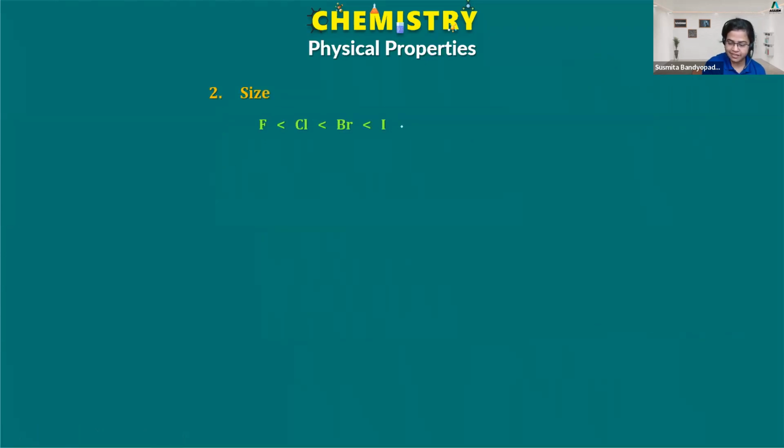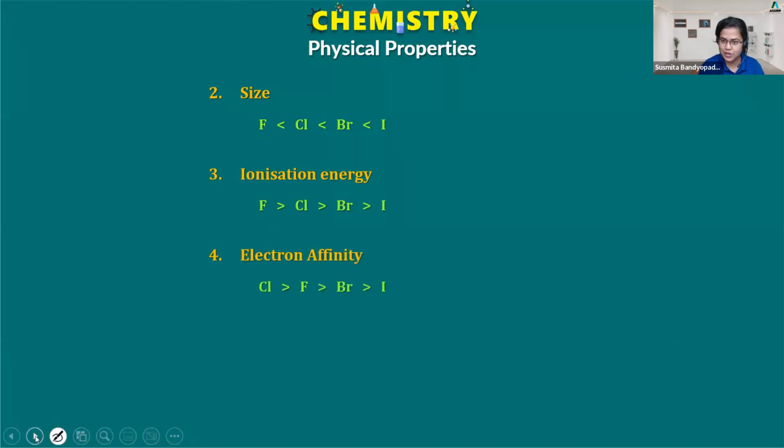Size, everyone will agree. Ionization energy and size are inversely related. Agreed. Electron affinity, there is an anomaly. Which one will have the highest electron affinity, not only in this group, but in the entire periodic table? Chlorine. Everyone knows, in the group.